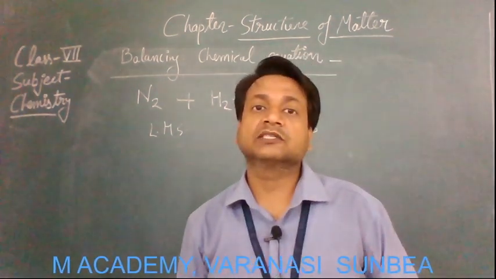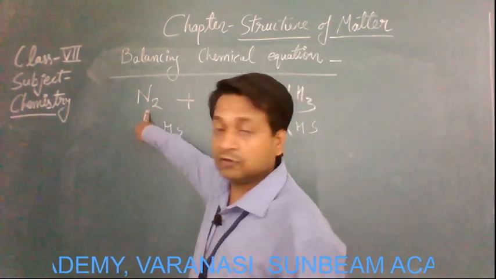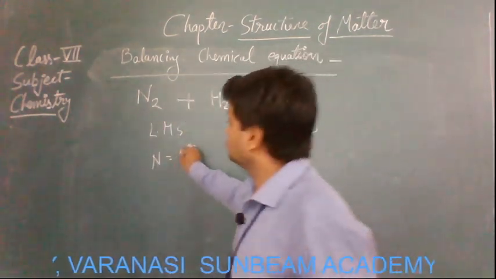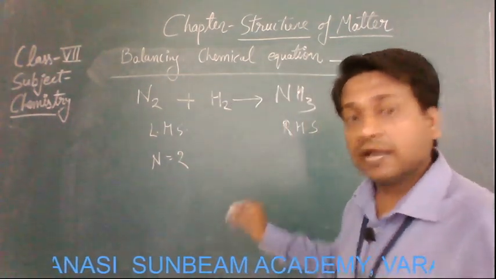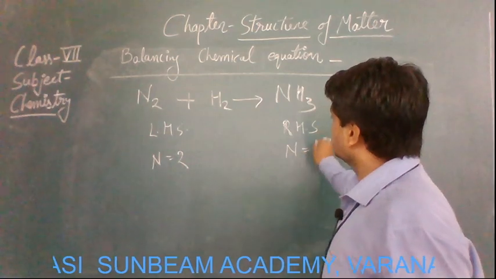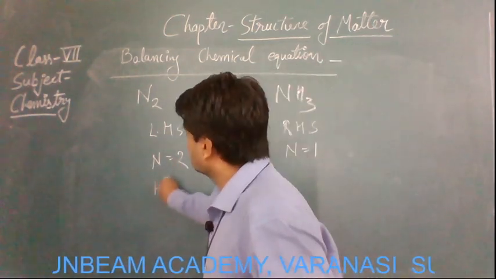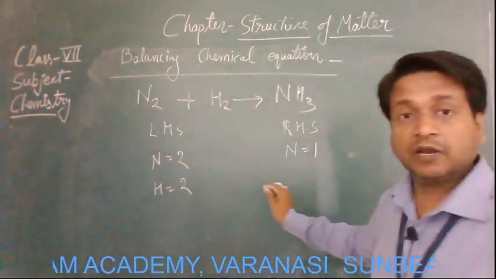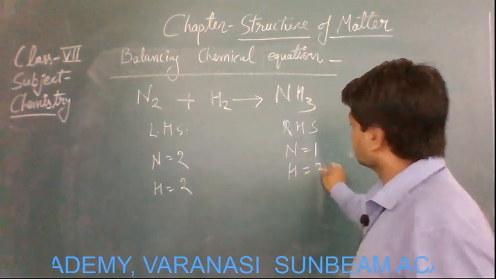This statement is correct, but this chemical equation is not correct as LHS and RHS are not equal. The number of nitrogen atoms on the left hand side is 2 and the number of nitrogen atoms on the right hand side is 1 only. The number of hydrogen atoms on the left hand side is 2 and the number of hydrogen atoms on the right hand side is 3.